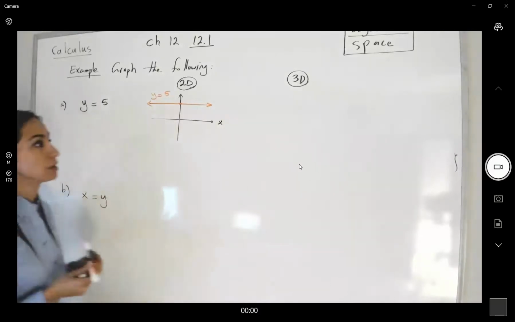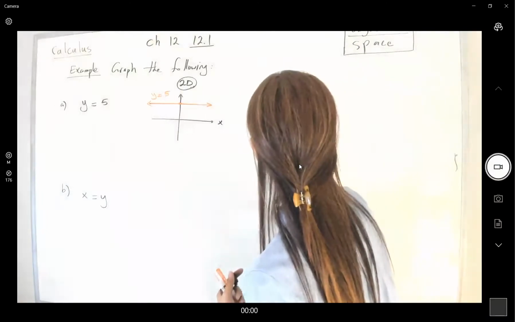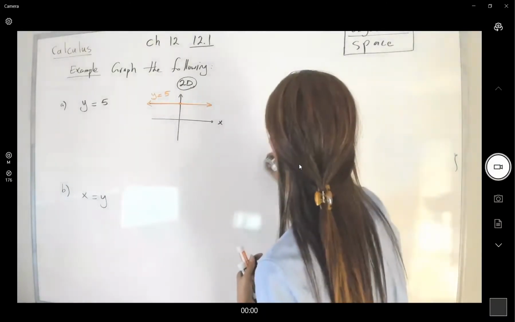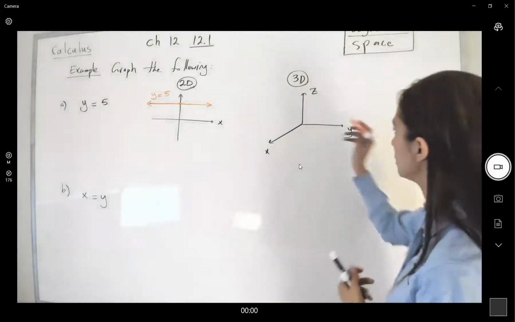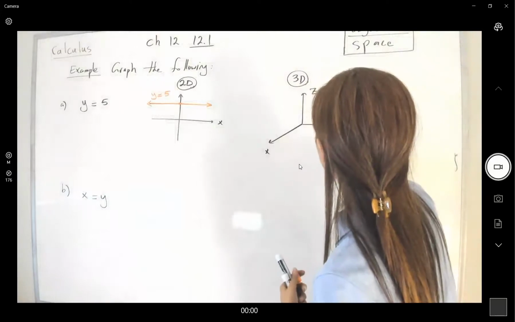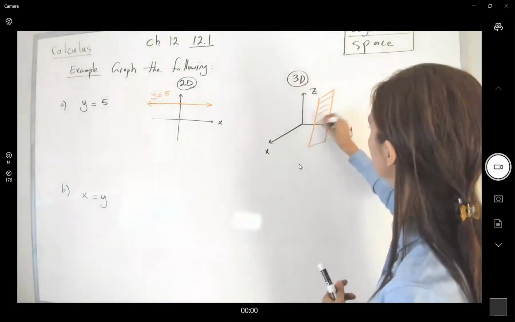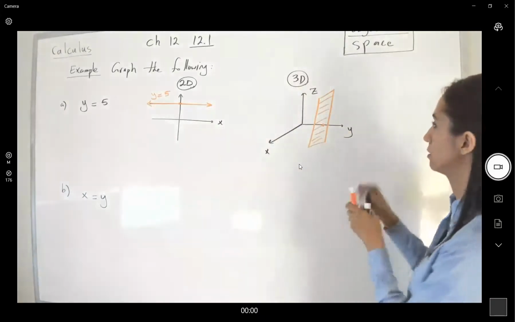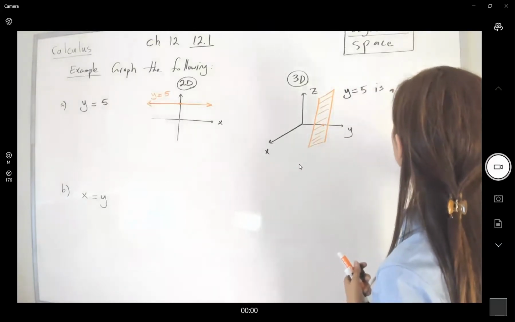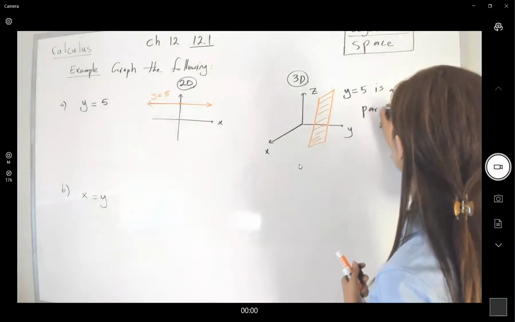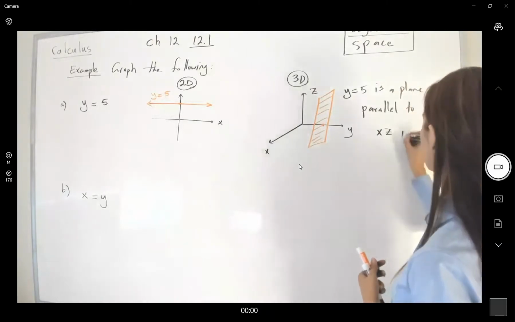But when it comes to 3D, y equals 5 is a plane. You have x, you have y, you have z. Y equals 5 is a plane parallel to the xz plane.